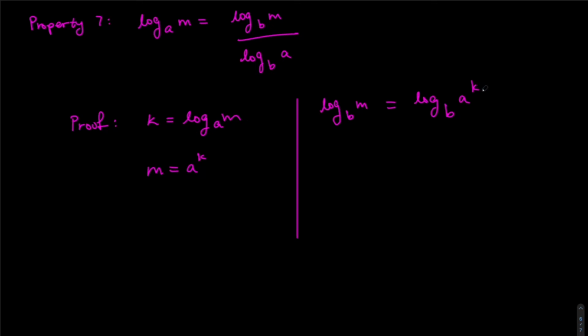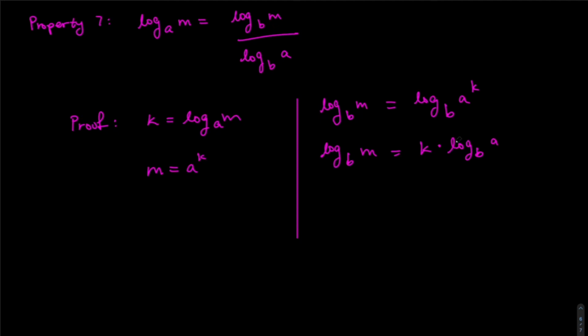If you remember the previous property that we just learned, I can bring this k out. So log base b of m is equal to k times log base b of a, like this.